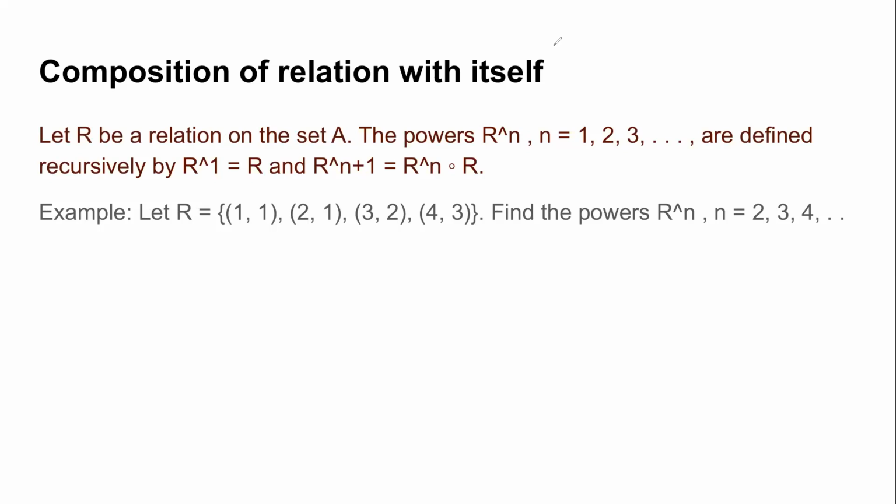Okay, so let us try to solve some examples and see the powers of a given relation. Suppose I give you a relation R, which is as follows. You need to find its various powers. First, let's try to find R square, which you can find as R composition R. So you have to take a composition of this relation with itself. Can you tell me the ordered pairs?